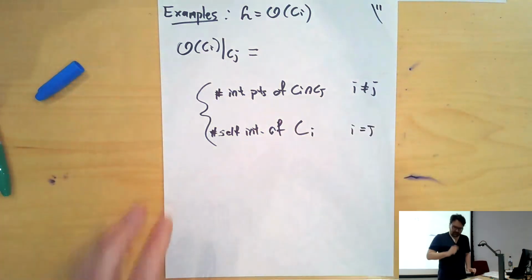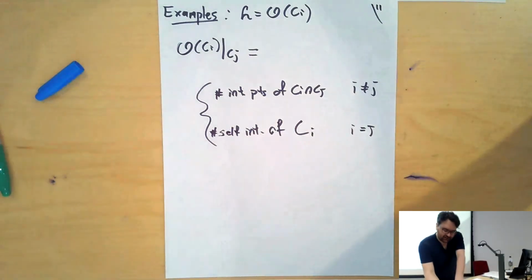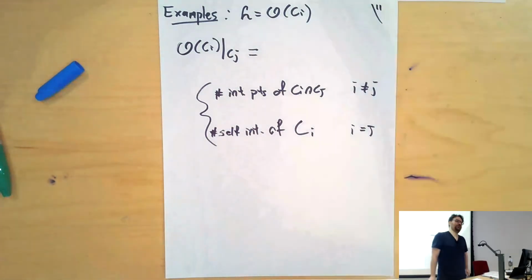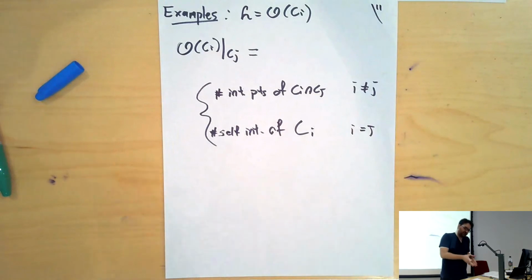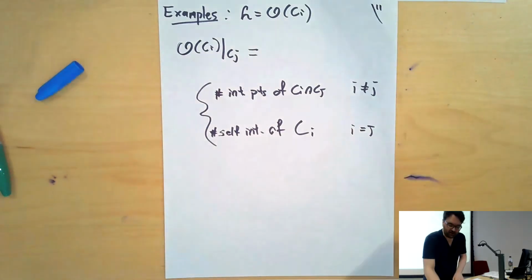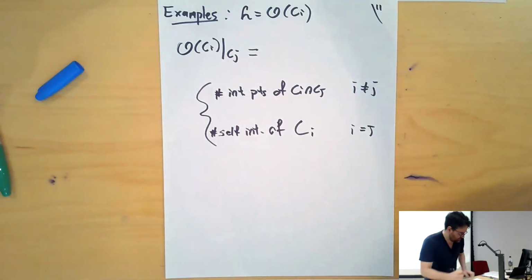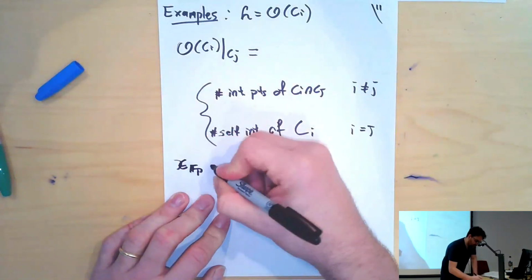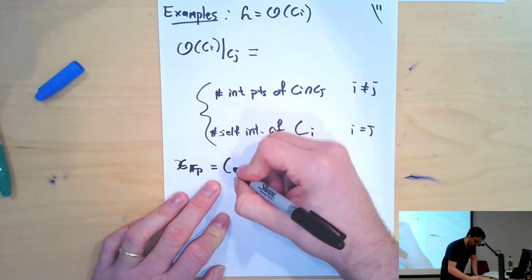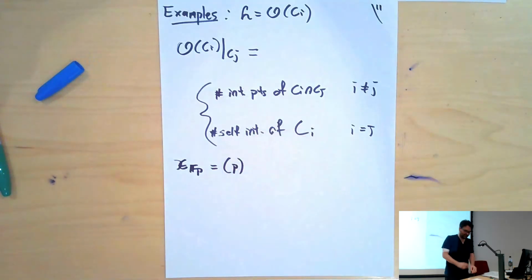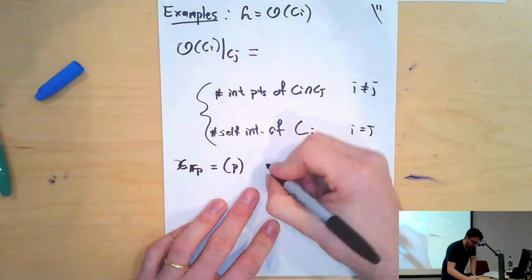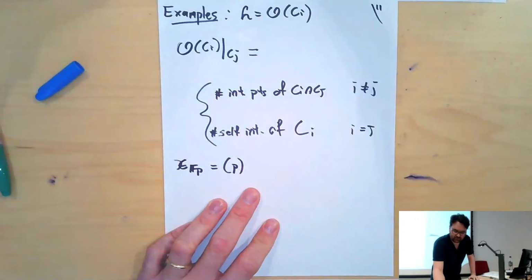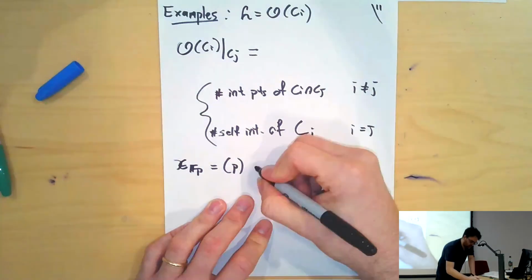To explain quickly, I said that a component of the special fiber is a divisor. Of course, the special fiber is also a divisor, but it's principal, so notice that X over p is just the divisor of our uniformizer. So in particular, the sum of the Ci's is equivalent to 0.